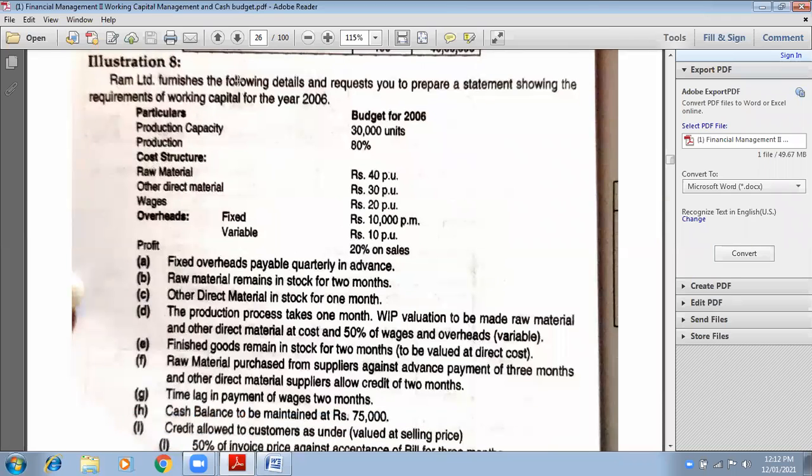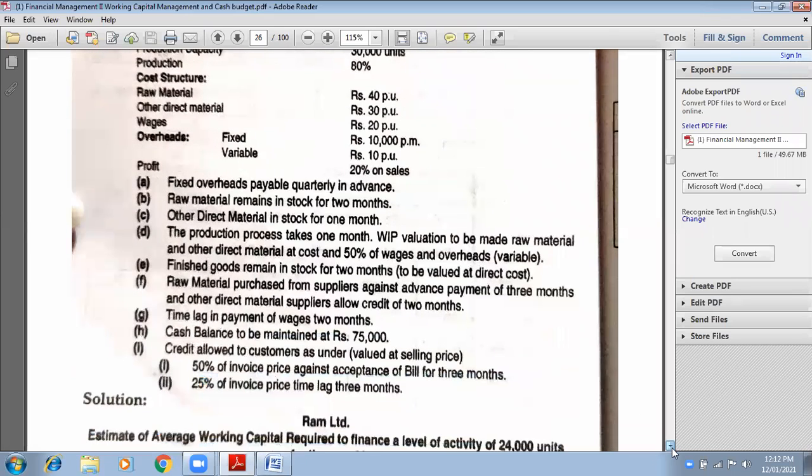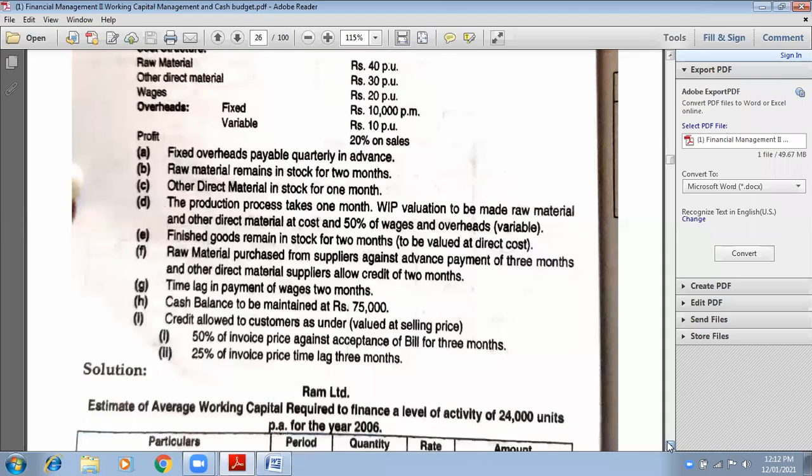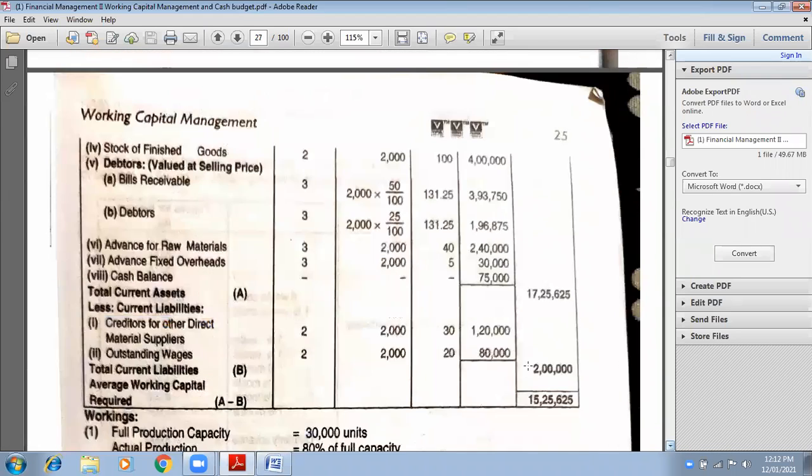See, Ram Limited furnishes you the following details, and you are required to prepare a statement of working capital requirement, right? You have already done this sum. What is your net working capital requirement? Ma'am, 15,25,625. See, this is your gross working capital. Gross working capital means total current assets, 17 lakhs 25,625.